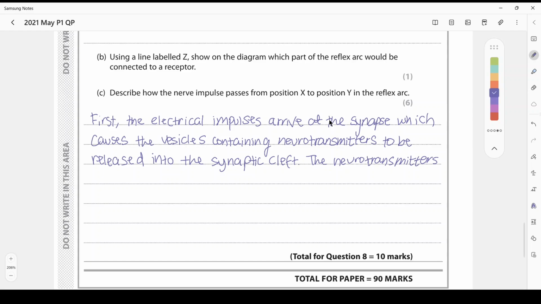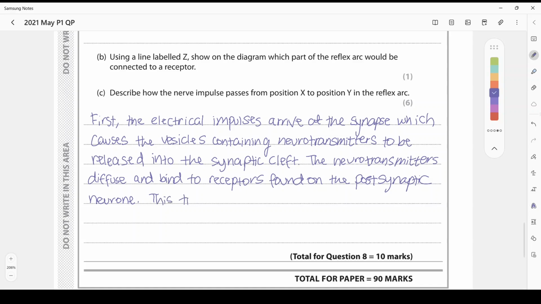So the neurotransmitters diffuse and bind to receptors found on the postsynaptic neuron.